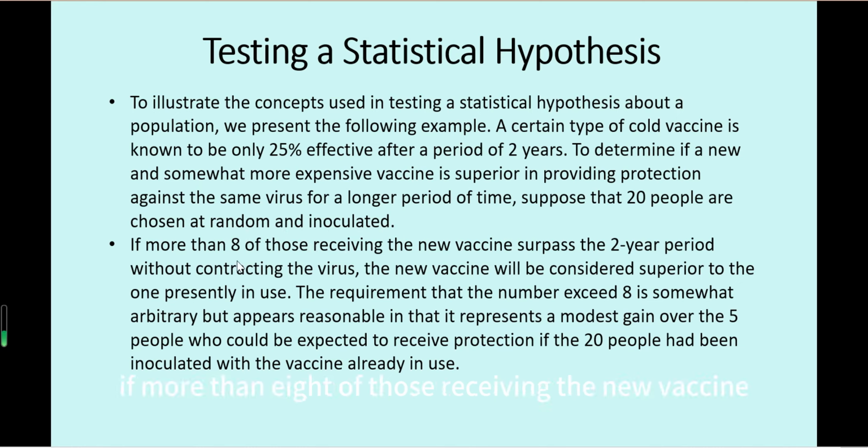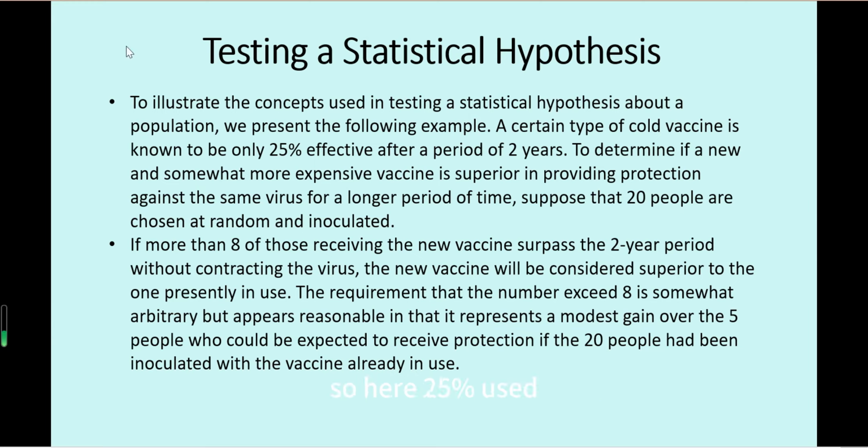If more than 8 of those receiving the new vaccine surpass the 2-year period without contracting the virus, the new vaccine will be considered superior to the one presently in use. The requirement that the number exceed 8 is somewhat arbitrary, but appears reasonable in that it represents a modest gain over the 5 people who could be expected to receive protection if the 20 people had been inoculated with the vaccine already in use.